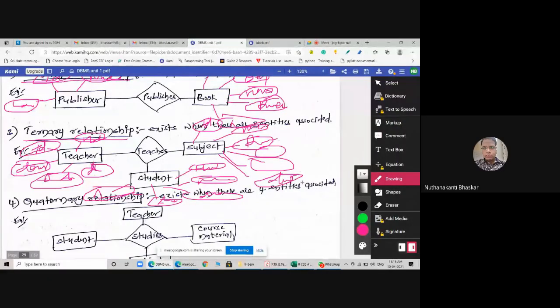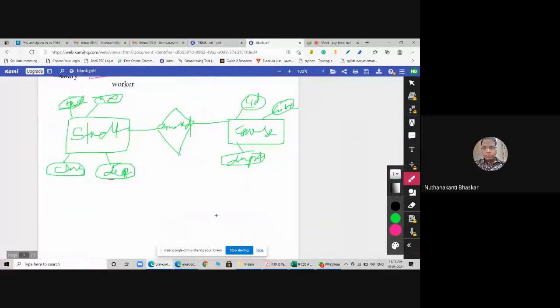Can you tell any example? Any one of you, tell an example for this ternary relationship, please.